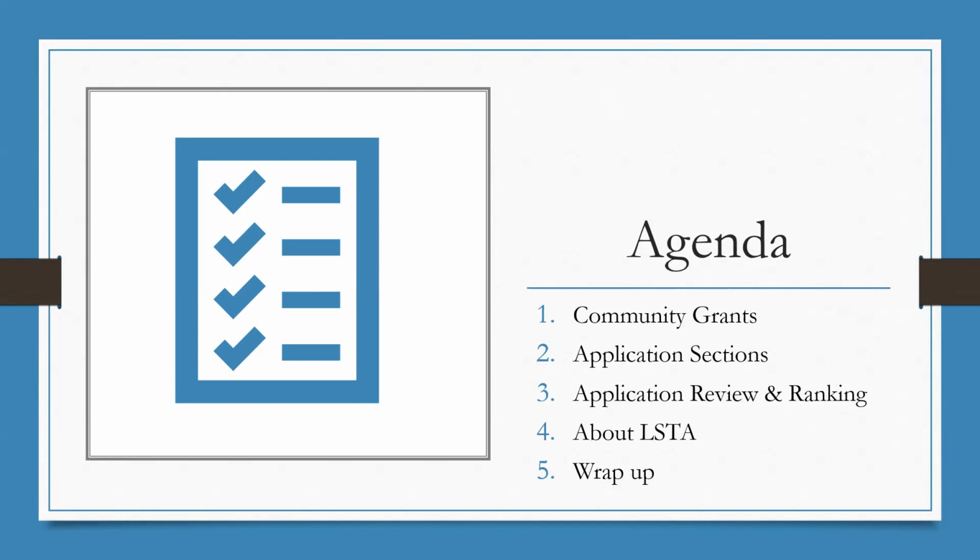It's mostly the same, but it's slightly different. And then we'll talk about how it's going to be reviewed and when, and then a little bit about LSTA, and then wrap up. And feel free to ask any questions as I go. Don't be shy, put up your hand or unmute yourself and just jump right in.